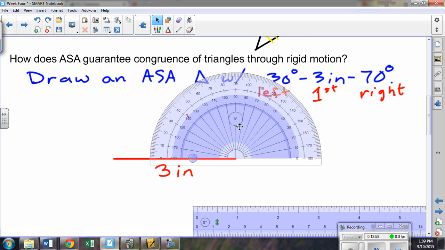Come to the other side, and I need a 70-degree angle attached onto the right. Looking around, I'm seeing that each one of you is doing a good job of making sure that those lines on the bottom for the 0 are actually set up in line with the component for the flat line at the bottom.